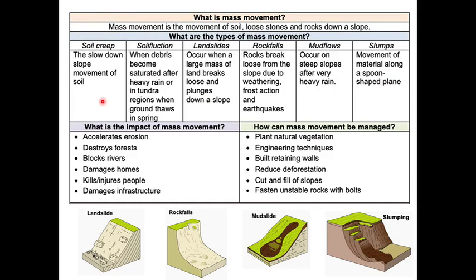Here we've got the different types, and we've got diagrams here. What does it look like? Look at this question. What is the impact on the environment? Right? How can it be managed? Here are the five questions that geographers ask.